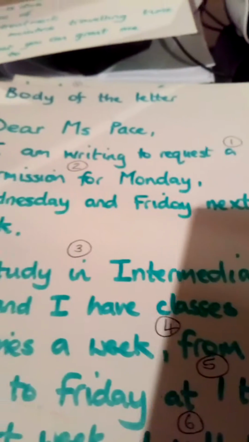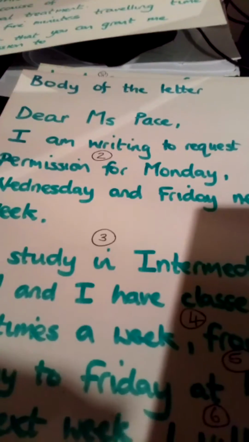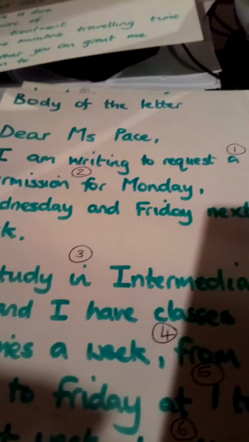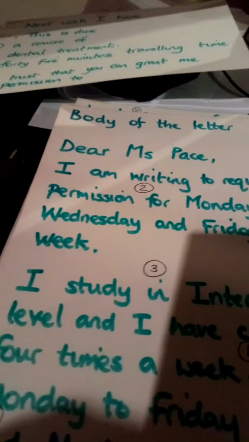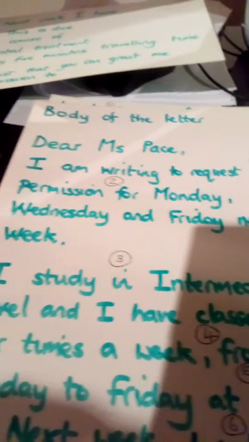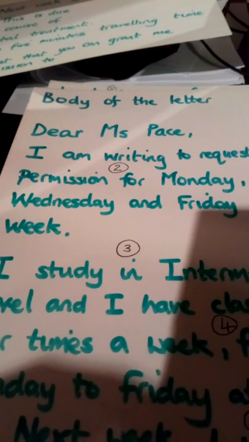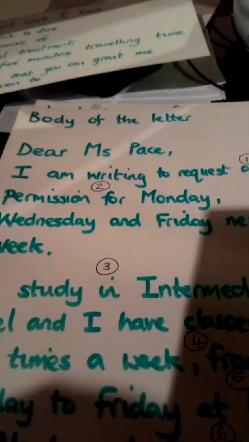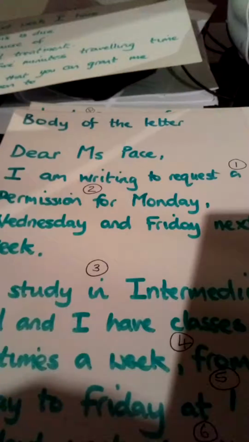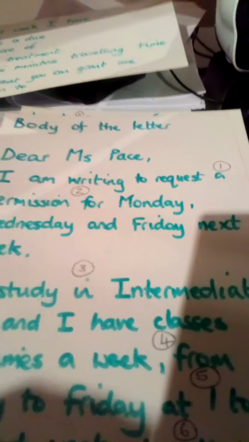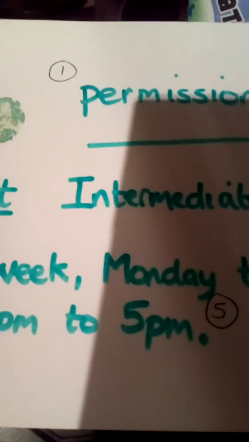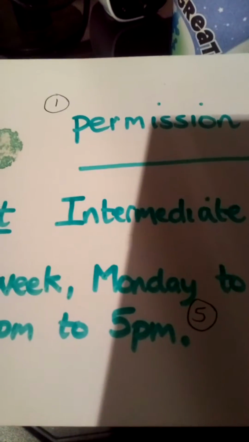And I have classes 4 times a week. That's great. So the thing that happens next, when you've written from, I have classes 4 times a week from Monday to Friday. That might be something you say, but in English you'd probably shorten it. And what you would do is you would just take out that word from, so that it would become, I have classes 4 times a week, comma, Monday to Friday from 1 till 5 o'clock.